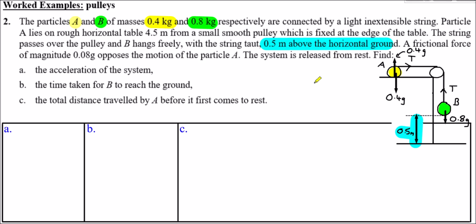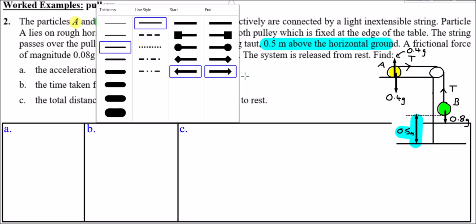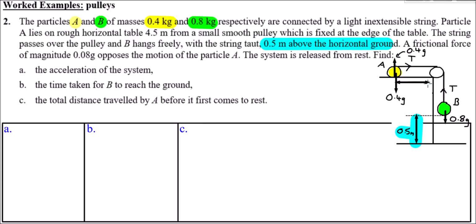And as well as that, we're told that A lies on a rough horizontal table and that it's 4.5 meters from the pulley. And so we also need to label in an extra distance of 4.5 meters from here to here. So that's 4.5.